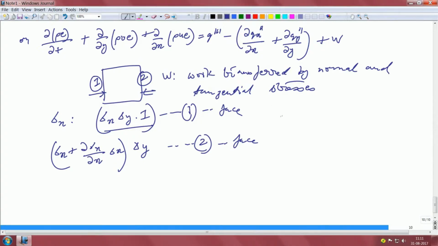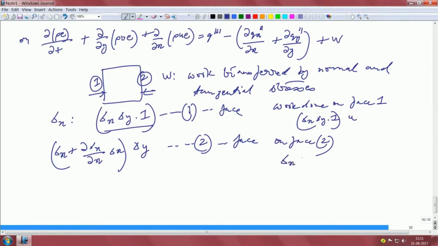So, for this particular work, the total work done on phase 1, right, will be sigma x into delta y into 1 multiplied by u, right. On phase 2, right, the total work will be sigma x plus d sigma x by dx into delta x into delta y, right, multiplied by u plus du dx into delta x, correct.